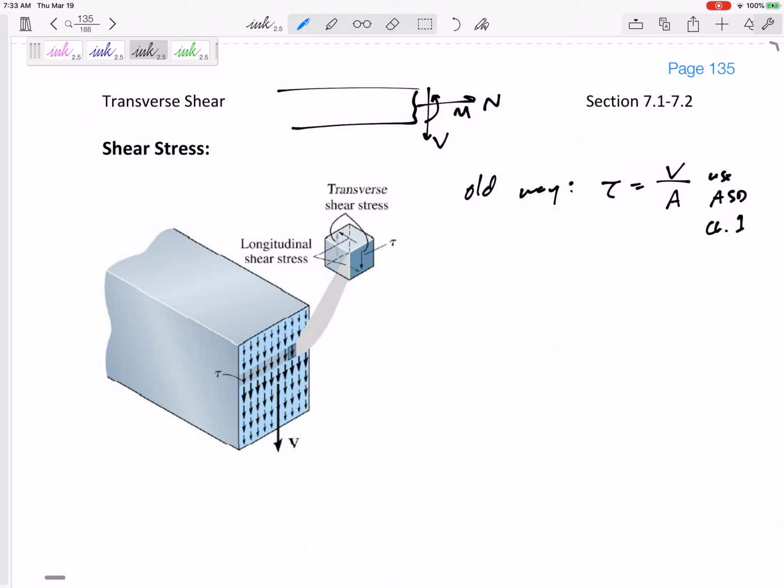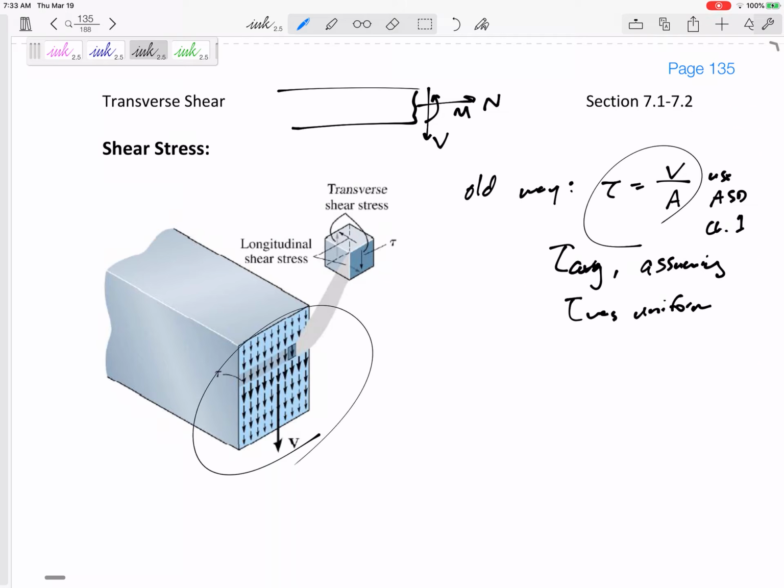Sizing pins, because that was a quick and cheap and easy way to get a magnitude of the amount of shear stress. But this was the average shear stress. This was assuming tau was uniform over the whole cross section.